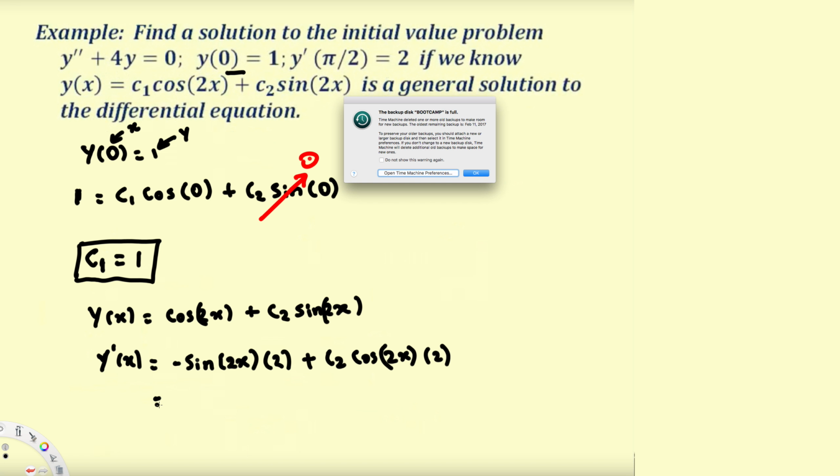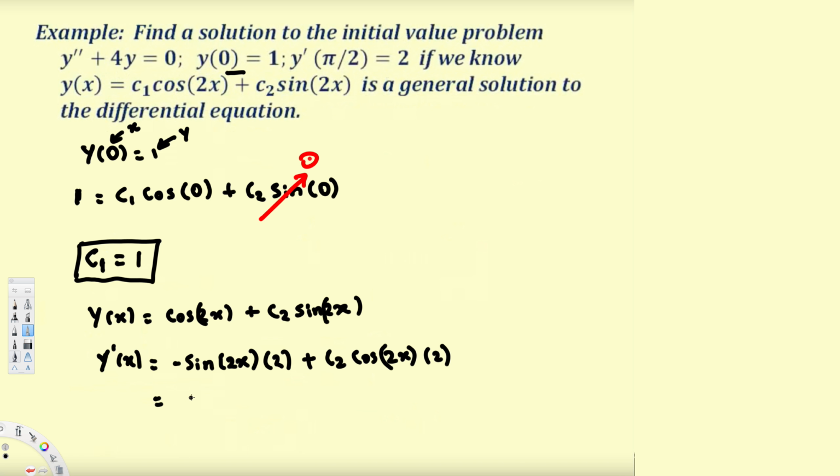So this is going to be 2 c2 cos 2x. Now let's write this one in a better way. So y prime of x is minus 2 sine 2x plus 2 c2 cos 2x.